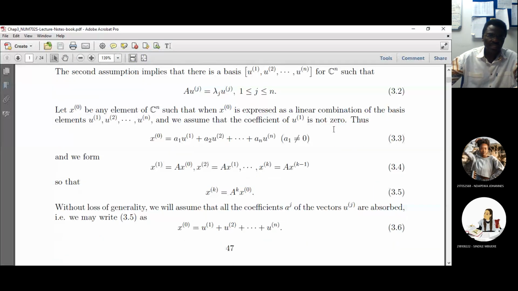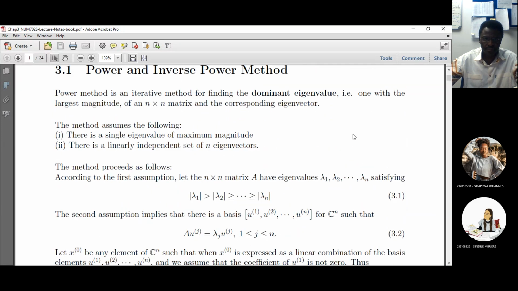Okay, now in terms of the power method, it will give you what you call the dominant eigenvalue. The power method in general does not allow you to get all the eigenvalues. It's just the dominant.